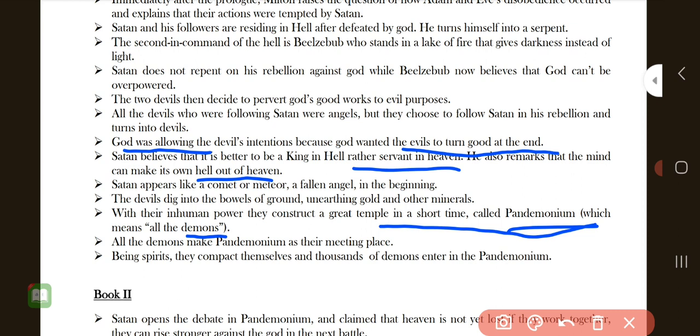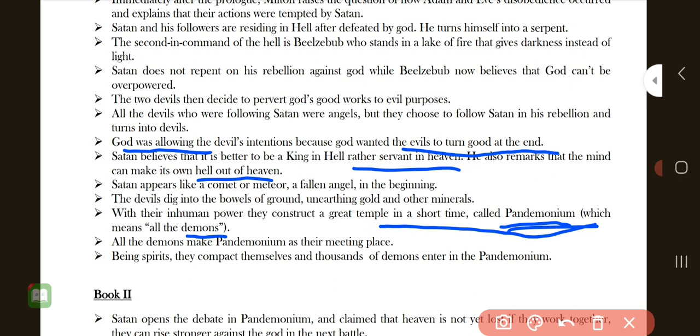Demons means devils, Rakshasulu. So Pandemonium is a place where all devils meet and discuss how to do all the bad things, all the evil things, to spread evil in all humankind.